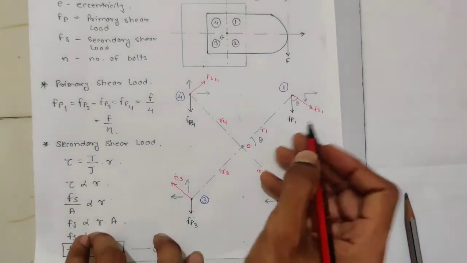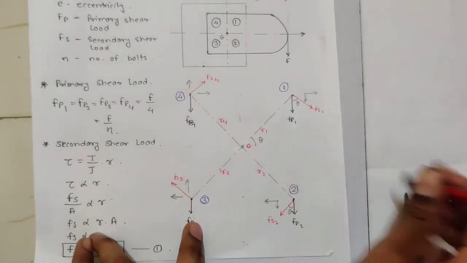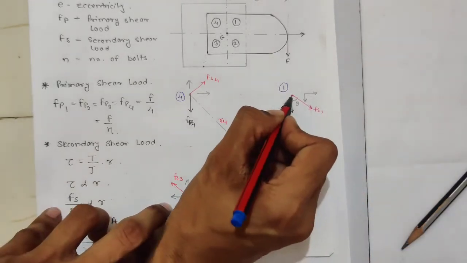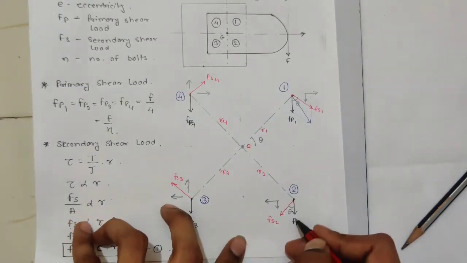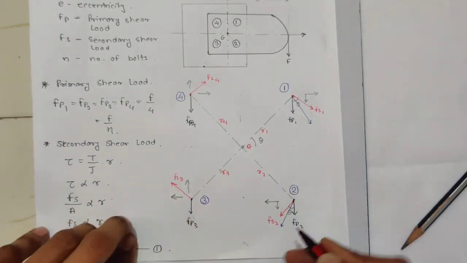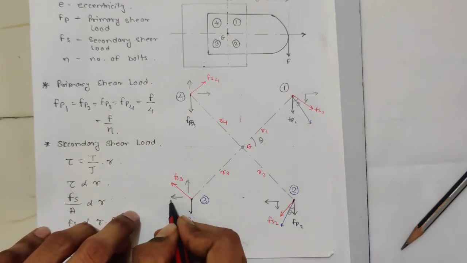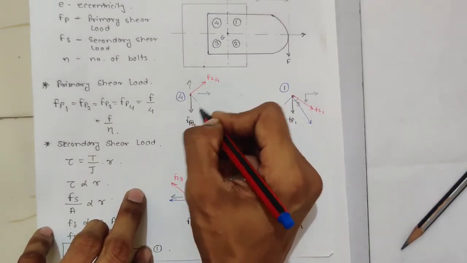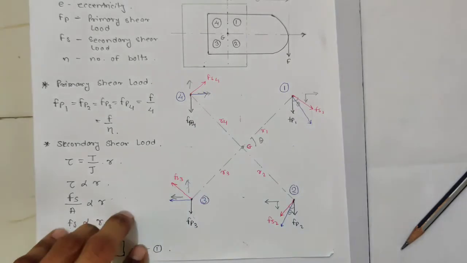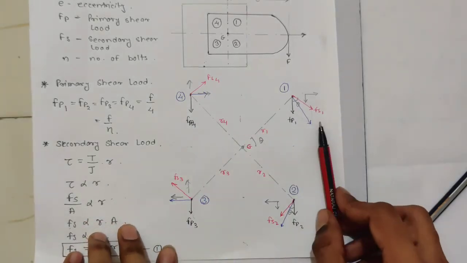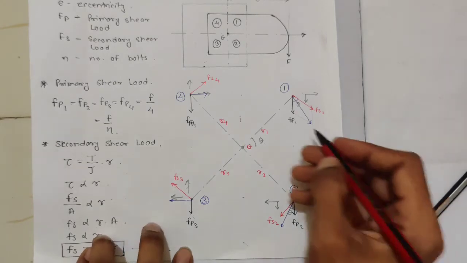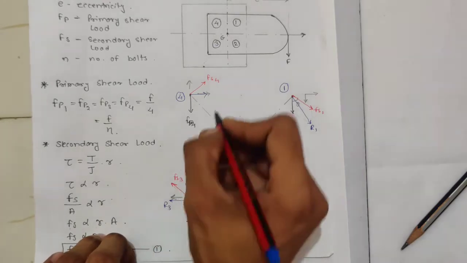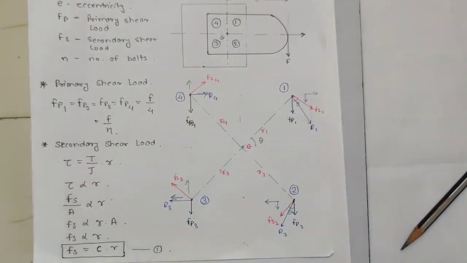Okay, so what is the resultant force? For the resultant force, it will be like something this and this, and you will get the resultant over here. For this you will get the resultant like this. For this you will get the resultant like this, and for this also. Now I'm naming them resultant 1, resultant 2, resultant on bolt 3, resultant on bolt 4.